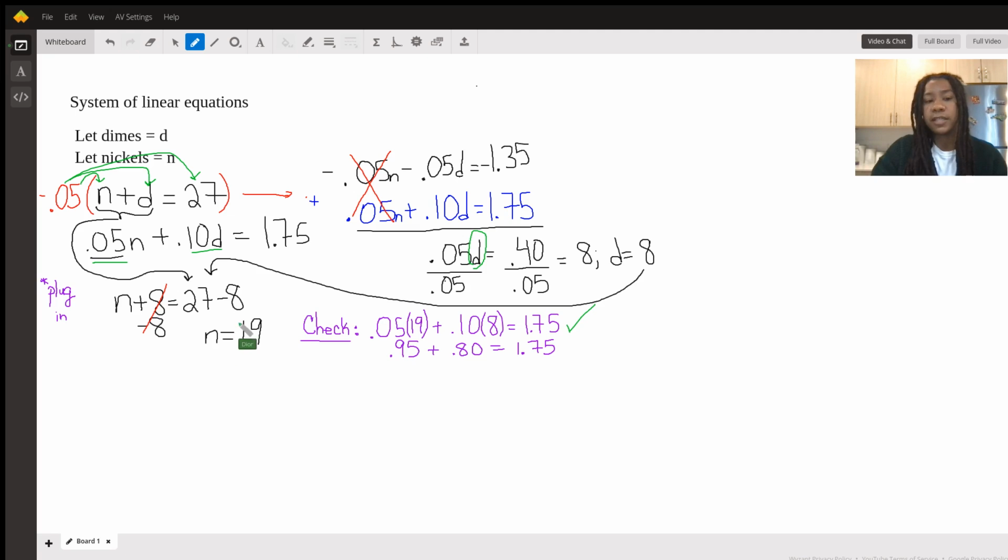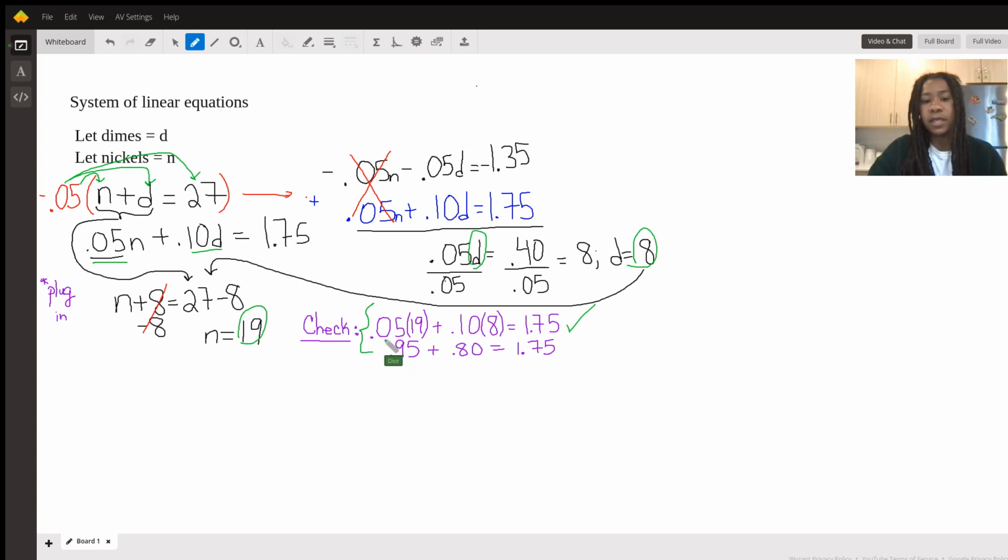The way to make sure, even though this worked out fine, it's always good to do a double check. So I plugged the numbers back into the second equation. That's what this check is here for. Wherever you see an N or a D, you plug in their actual value. N is 19 and D is 8. So wherever you see an N, you plug in 19, and wherever you see a D, you plug in 8.